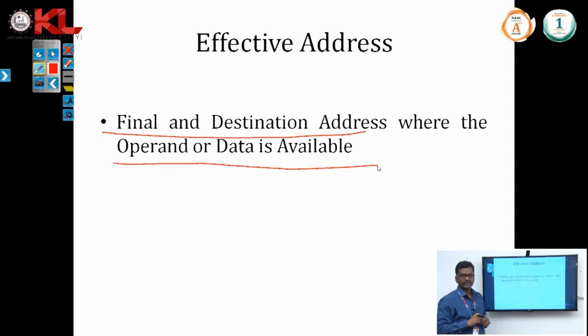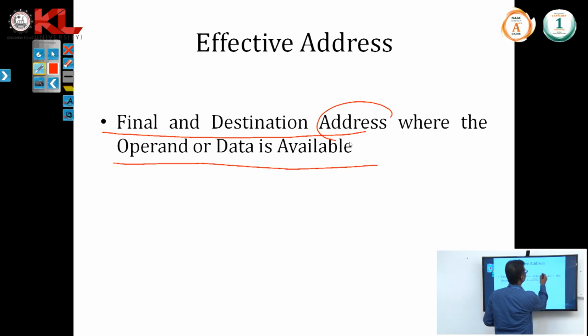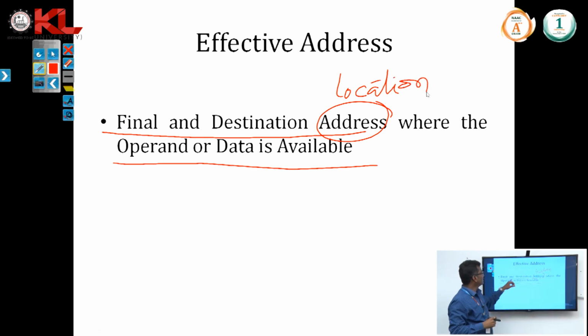In other words, it is the final destination location where that particular data is available. That final destination can be in the main memory, or sometimes in the registers also. So that is the effective address.